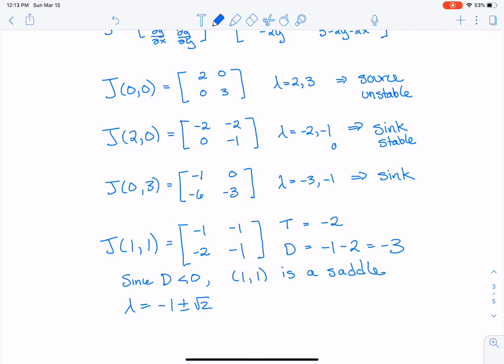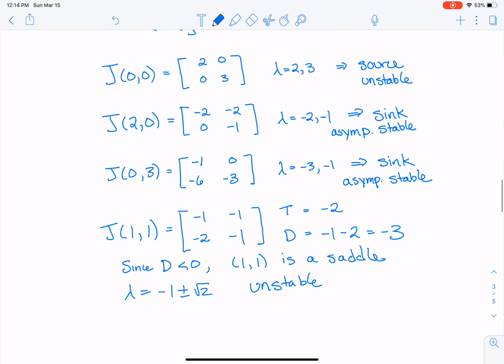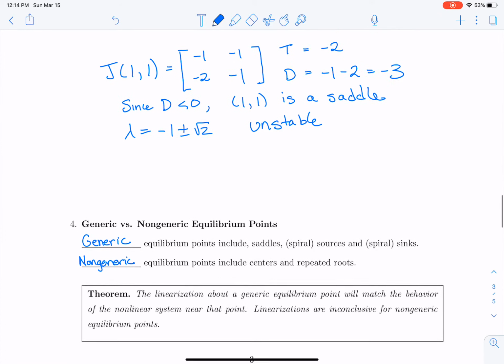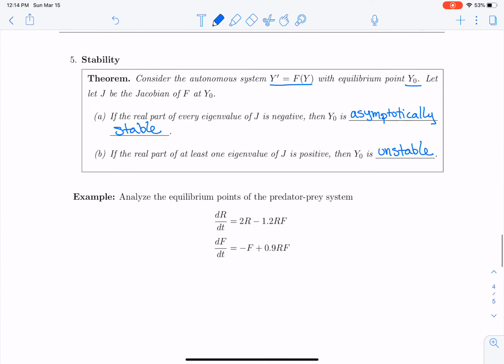Actually, that's asymptotically stable. (0, 3) is also a sink, that is asymptotically stable because both eigenvalues are negative. And (1, 1) is a saddle, that is unstable because one of the two eigenvalues is positive. So that's how we use the Jacobian and the linearization to talk about the stability of the equilibrium of a nonlinear system.